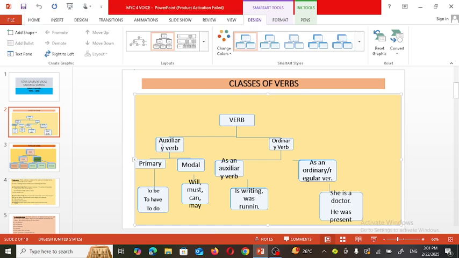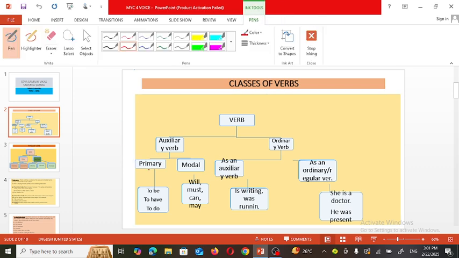These auxiliaries can be classified as primary or modal auxiliary. Primary auxiliaries we are using as helping verbs, in the form of to be: am, is, are, in the past tense was, were, and in future tense will.